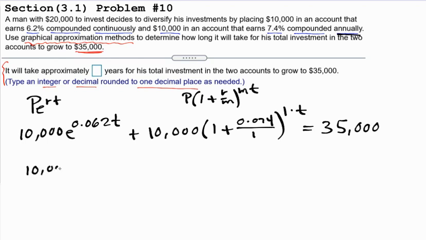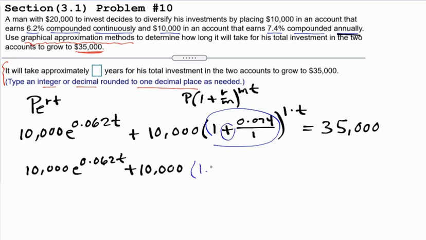So I'm just going to do a simplifying step. I can simplify this parenthesis since the interest is 0.074 over 1, I can just write it as 0.074, and then we add it to 1, so this parenthesis will become 1.074, and our exponent is 1 times t.